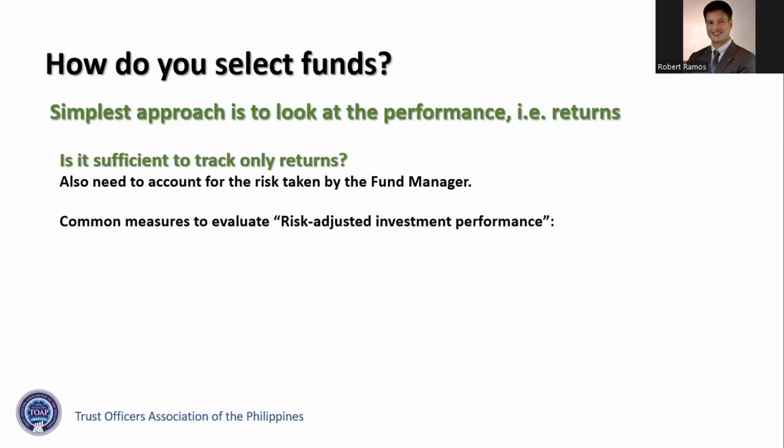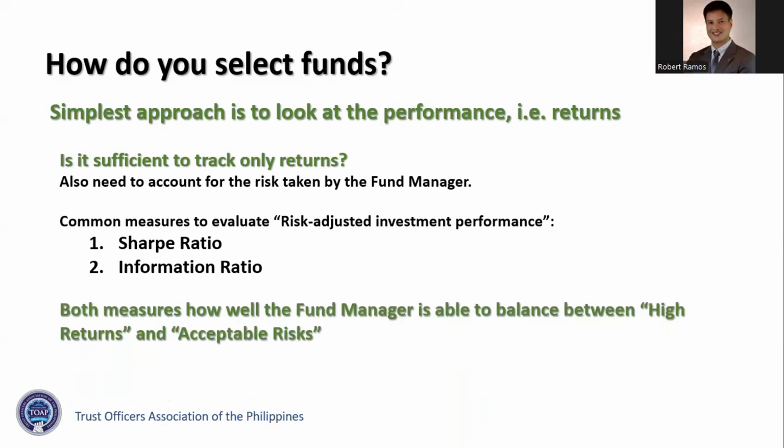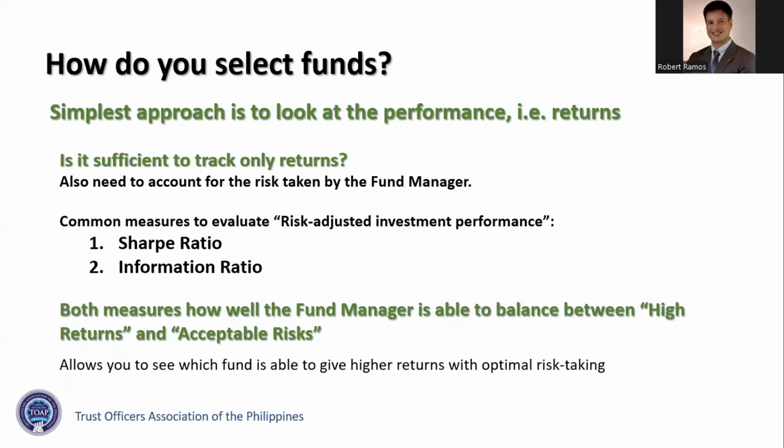So a common measure when you select a fund is to evaluate the risk-adjusted investment performance. You utilize ratios such as the Sharpe ratio and the information ratio. Both ratios tell you how well the fund manager is able to balance between high returns and acceptable risks, and it allows you to see which fund is able to give higher returns with optimal risk taking.